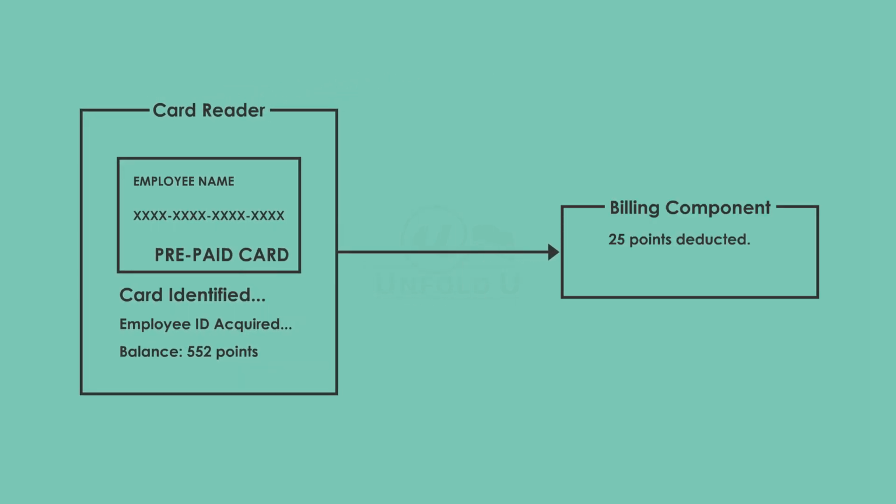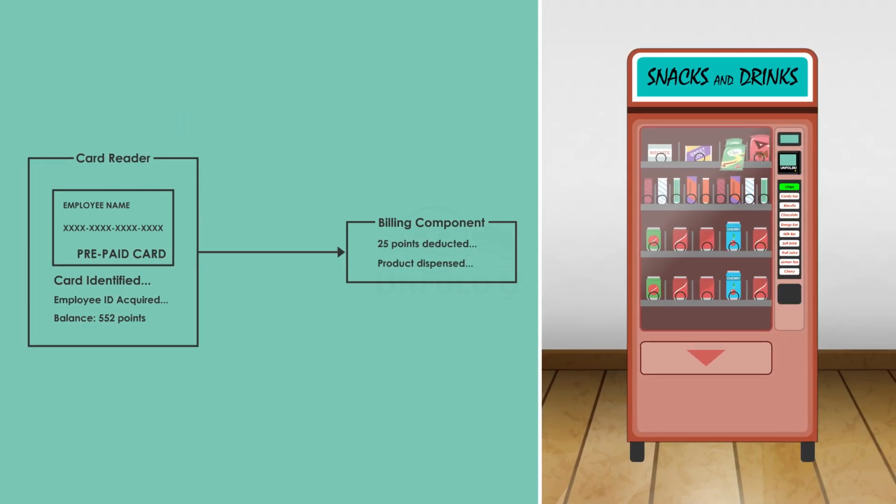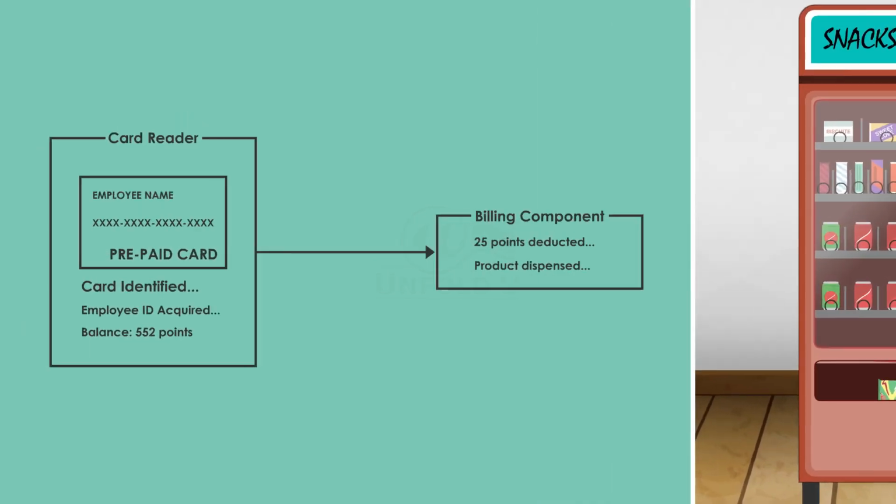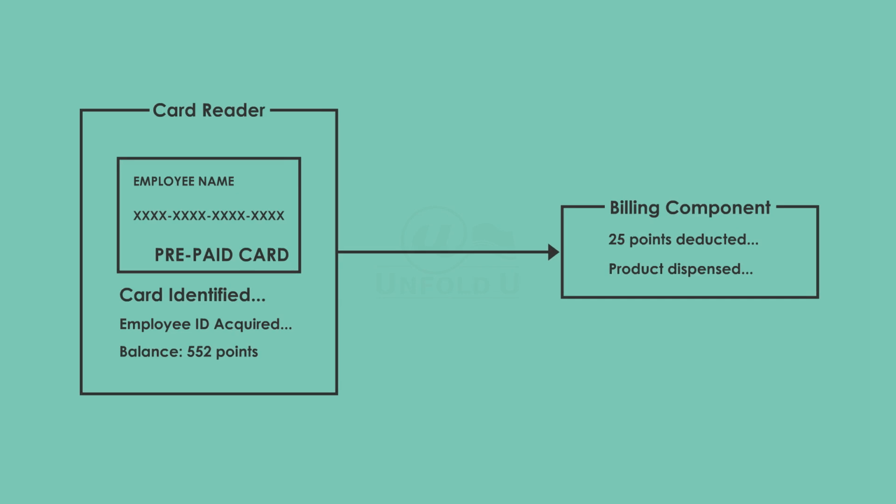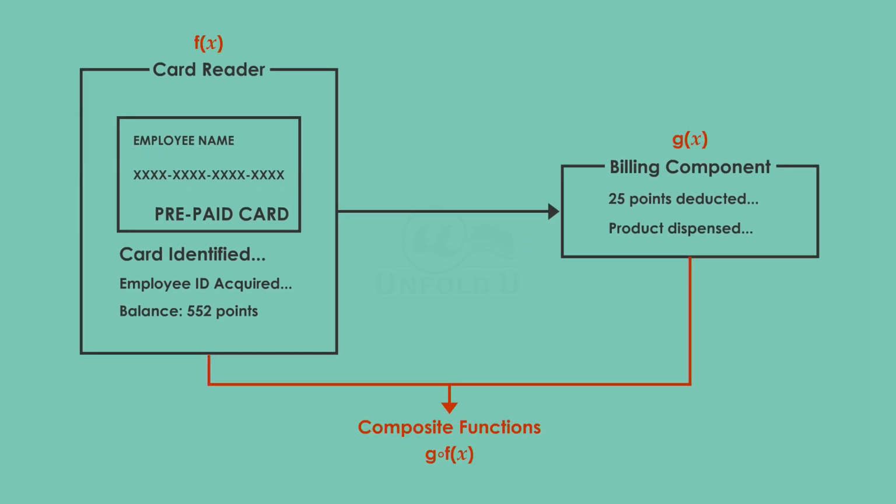Now, the billing component will deduct the amount corresponding to the product selected and the product comes out from the machine. In this case, the card reader and the billing component act as a composite function because the output of the card reader will be sent as input to the billing component.